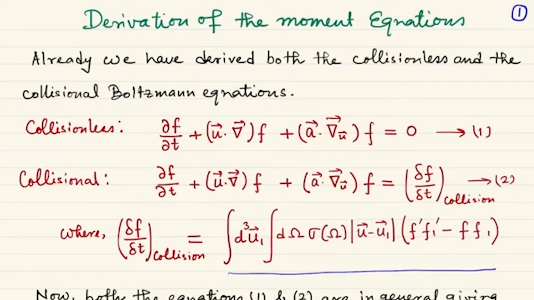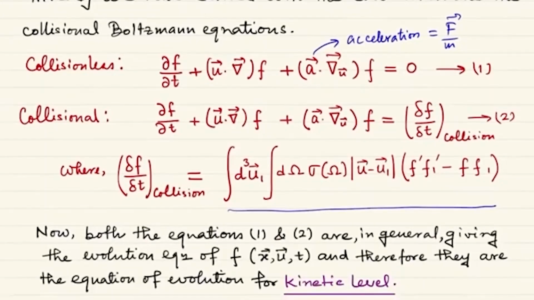Once again, the primed quantities are the distribution functions after the collision and the unprimed are the distribution functions before the collision. As a reminder, a is the acceleration, which is nothing but the body force divided by the mass of one particle.